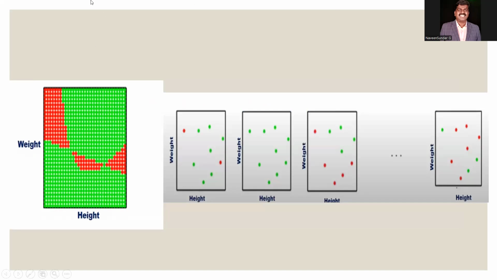When you see this particular colorful figure, we can see height on the x-axis and weight on the y-axis. You can see some training samples, in which we are going to find out whether the plotted thing is right or not. Here, the greenish part comes from the training sample, and in red we show the target.